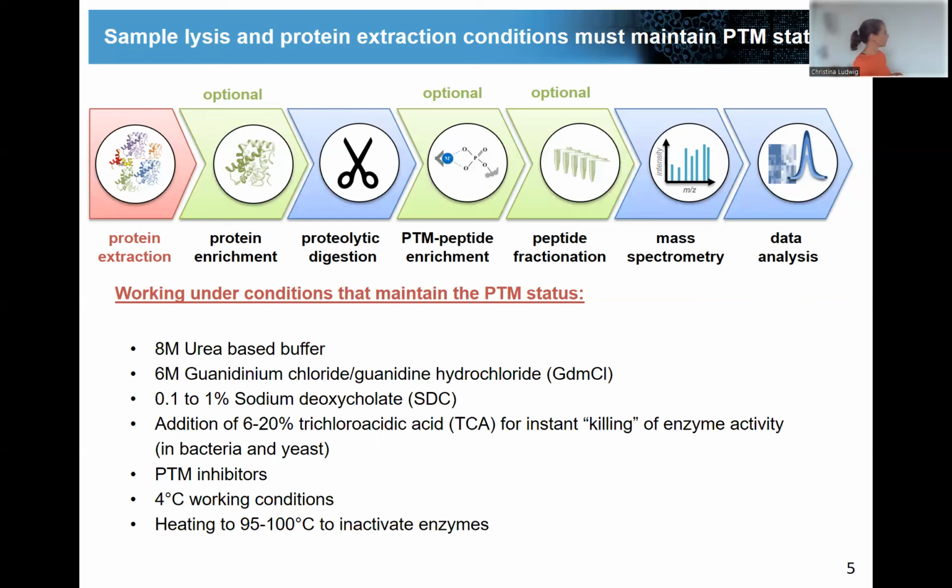Or people tend to work with inhibitors for kinases and phosphatases, which, if they're available, you can do too. Or they try to work very cool, under cold conditions, because this will slow down all reactions. Or they do the opposite, they work super hot to, again, denature every protein that is in there. Exactly, so the protein extraction method, which is really the first step of every workflow with PTMs, is really something very important to think about.